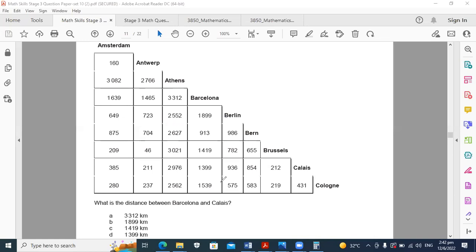The distance between what? Barcelona and Calais. So Barcelona is right here, coming down, and Calais is this. So that would have been the answer. Follow?